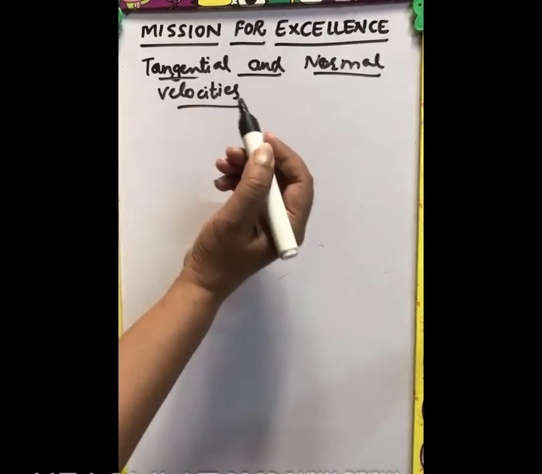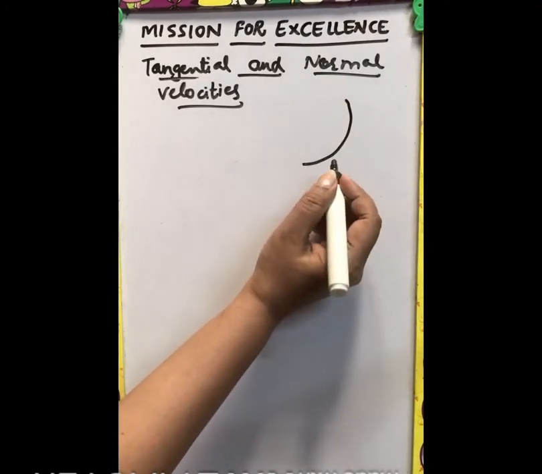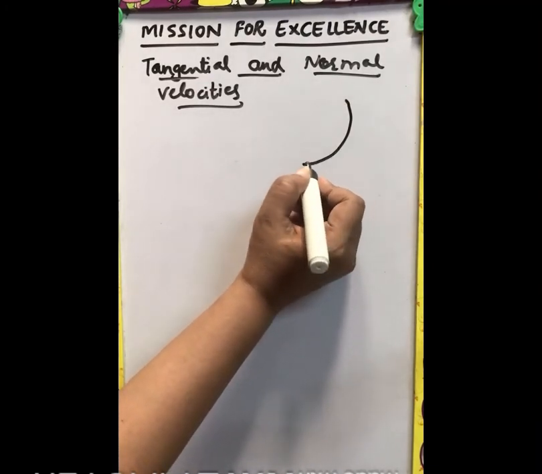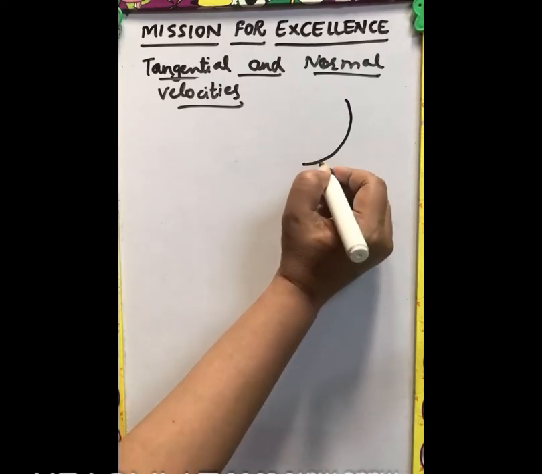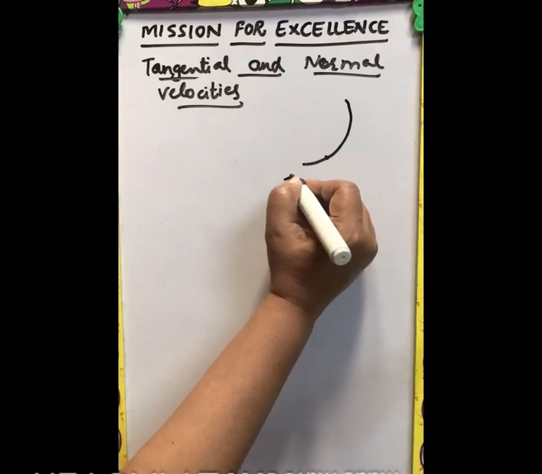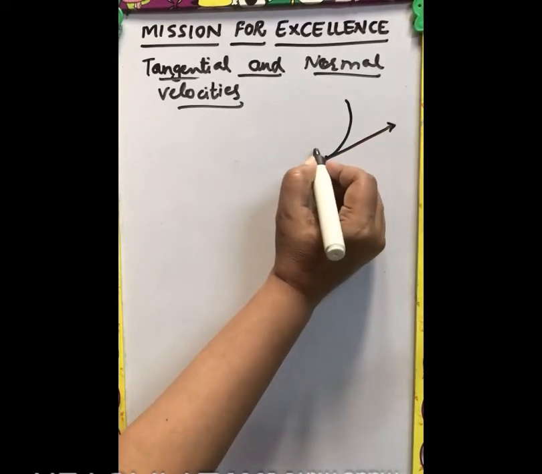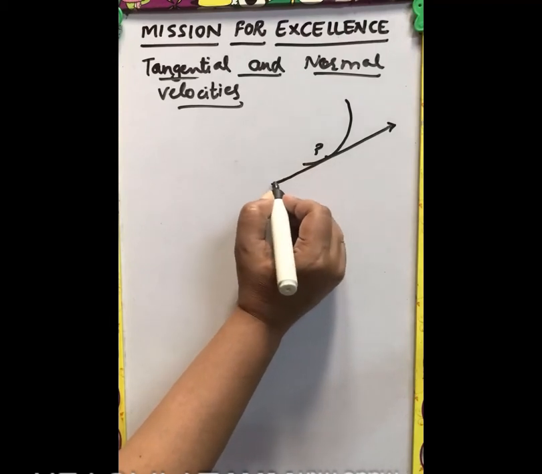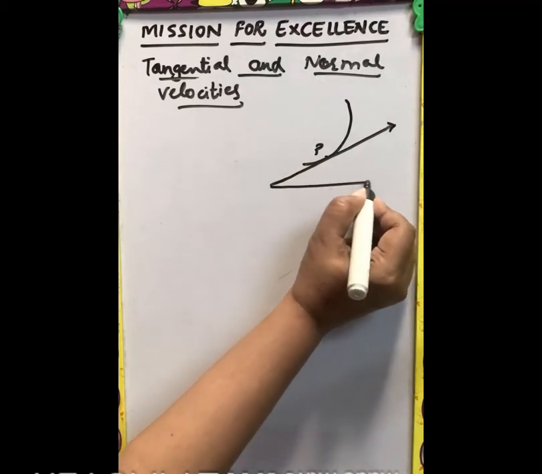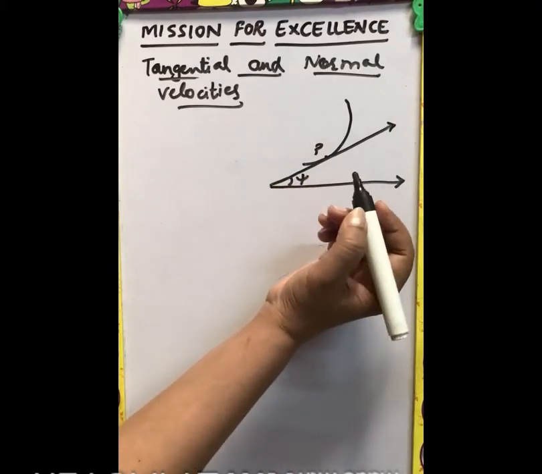So let us draw a curve along which the particle moves. And suppose its two positions are P and Q. At point P, this is the tangent at this point P, which makes an angle psi with the x-axis.